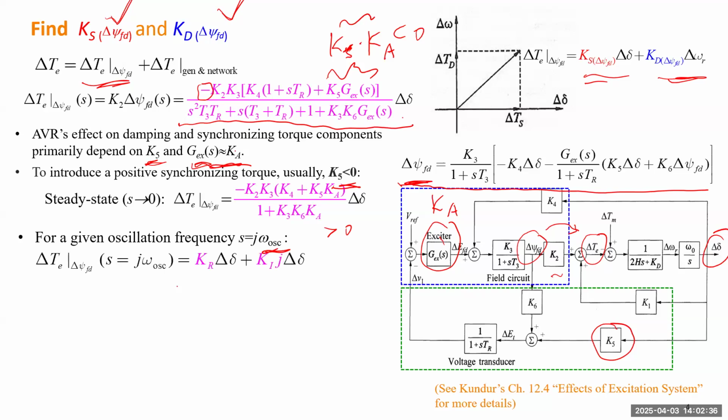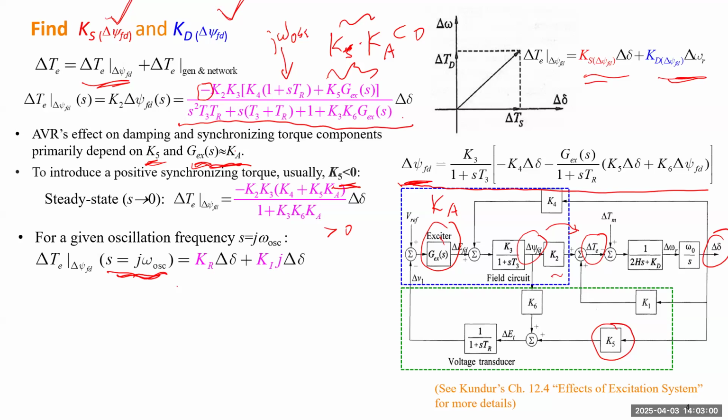For this case, we need to plug this j omega into that transfer function. I won't go into the detailed steps, but you just plug that j omega into each s in that transfer function.